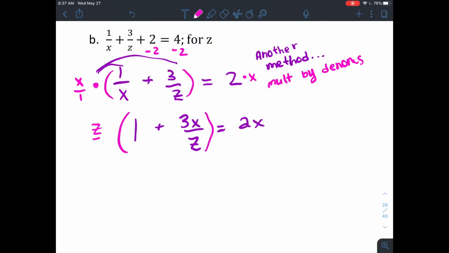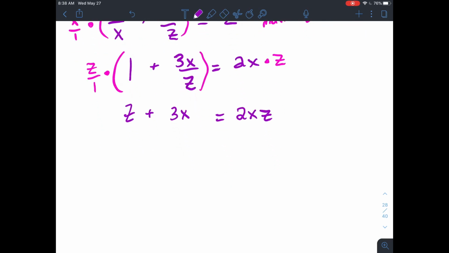Then I'll do z. So again, multiply it to both terms, which is going to give you z plus 3xz over z equals 2xz. And then z divided by itself is 1, so you just get z plus 3x equals your 2xz. Get all the terms that involve your variable you're solving for together, so subtract z from both sides.